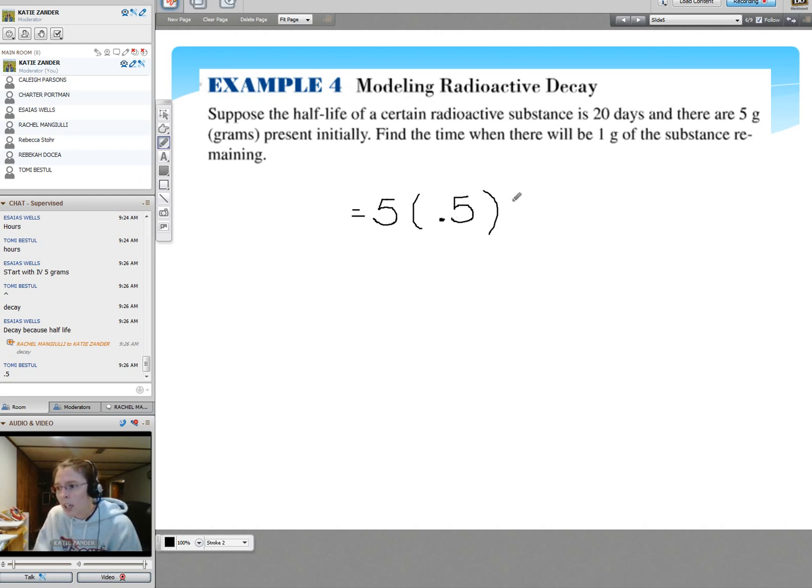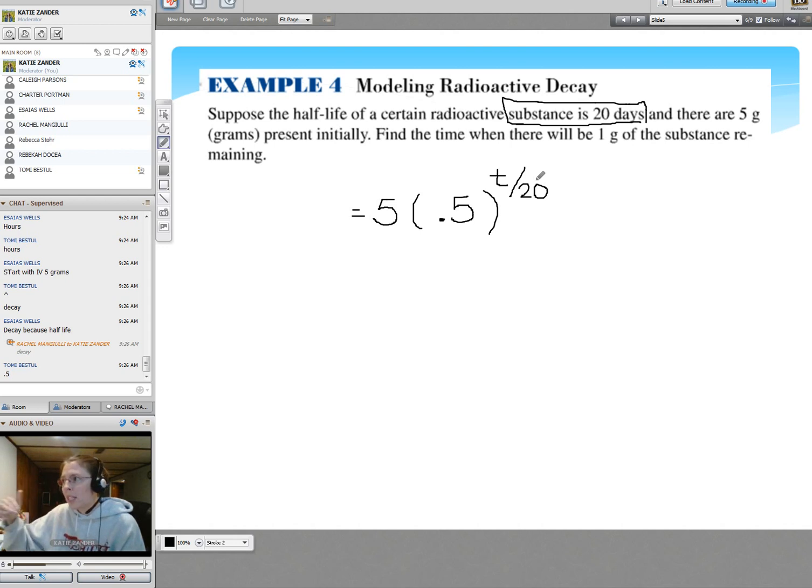Here's the kicker. Be careful with the exponent. It says we are talking about time, but the substance is decaying every 20 days. So we do need to incorporate this every 20 days into our exponent. So we're going to take the time and divide it by 20 because that's the cycle that it takes for the next round to kick in, right?